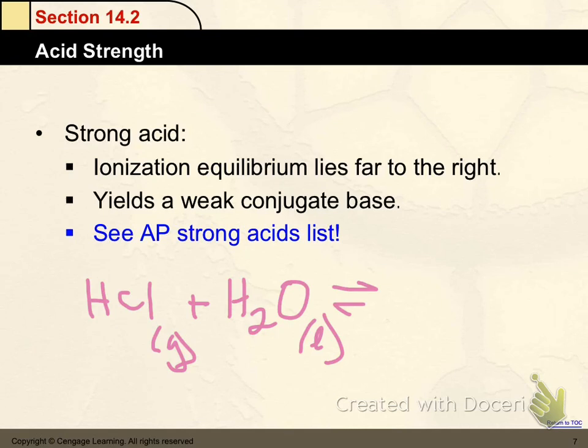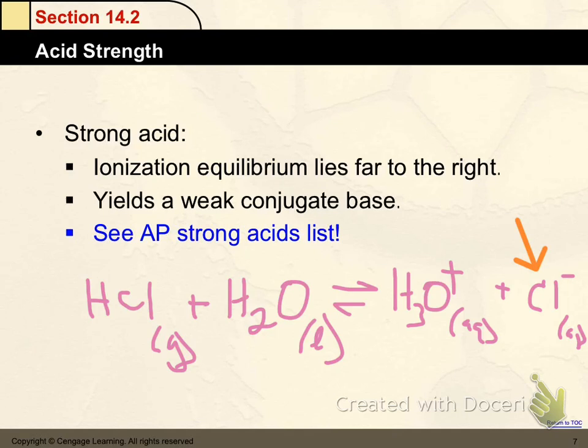On the opposite side, we have H3O plus, aqueous, plus Cl minus, also aqueous. This right here is a really weak conjugate base. Very, very weak base, chloride.